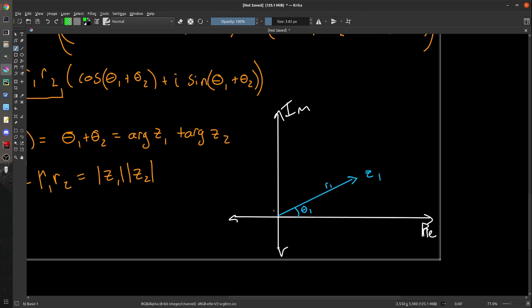Then if I have, say, Z2, I'll make this one half as long. Let's call this Z2. Then this angle right here will be theta 2, and this will be r2. And when I multiply them together, all I'm doing is adding theta 1 to theta 2 in terms of angles.